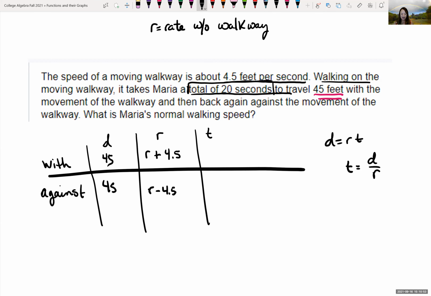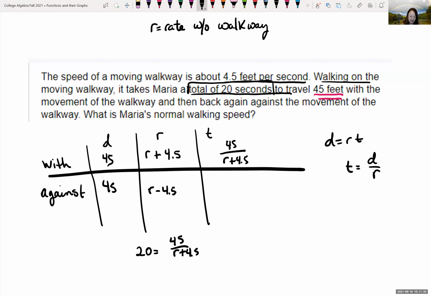And so I'm thinking that our 20 seconds is equal to the distance over rate. So for the first one, that is 45 all over R plus 4.5. And then time is equal to distance over rate.